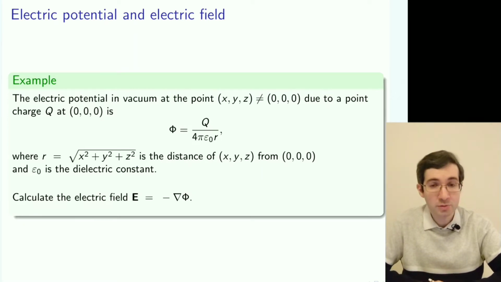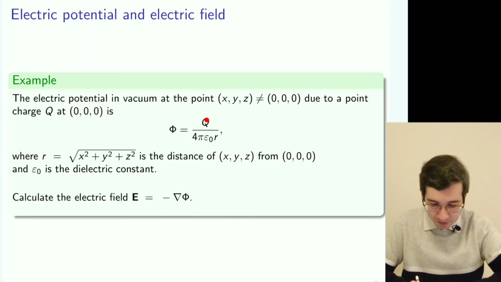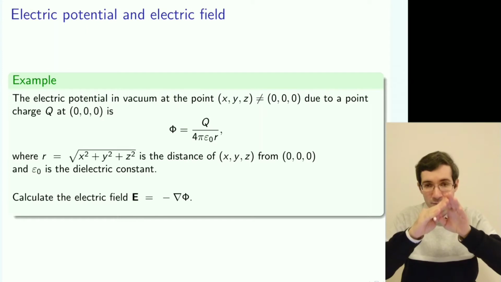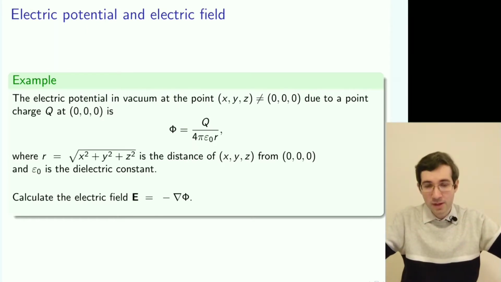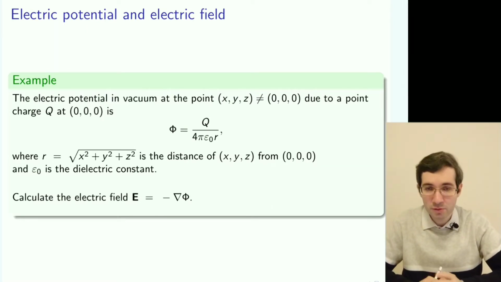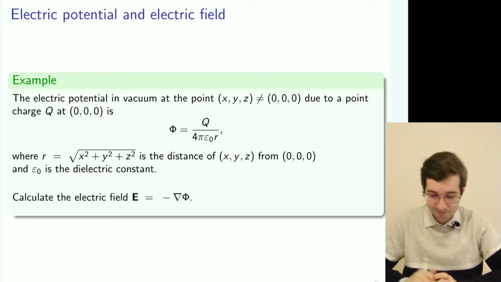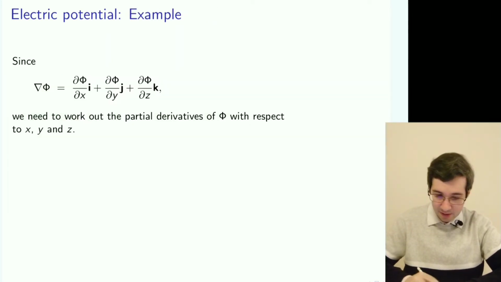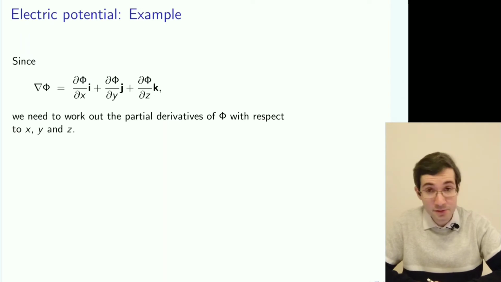And what we want to know is the electric field corresponding to this charge if we know its potential. So its potential drops as we go away from the charge, and we want to know how the electric field looks like. Let's use the definition.